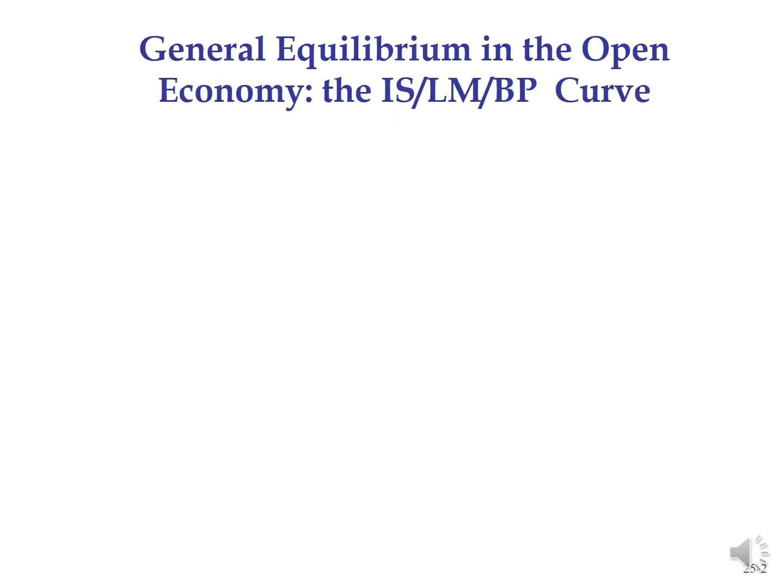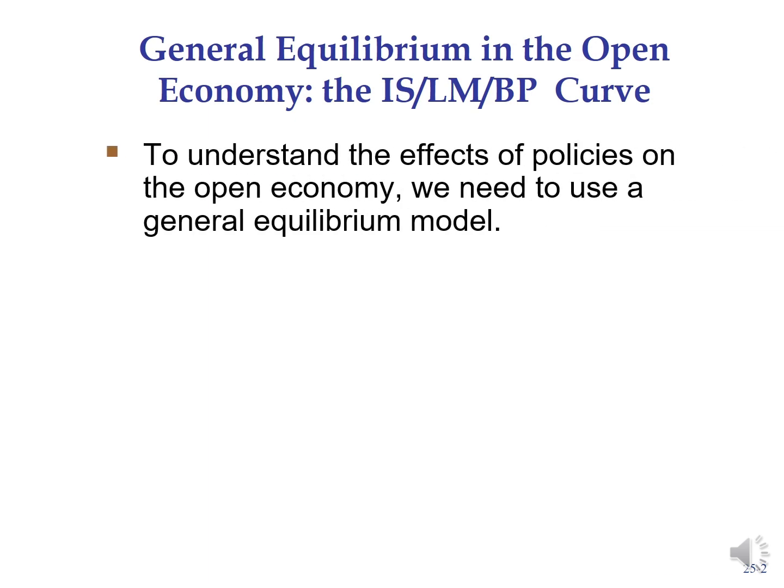So, general equilibrium in an open economy is the ISLM or the BP, or balance of payments, curve. To understand the effect of policies on the open economy, we need to use a general equilibrium model.